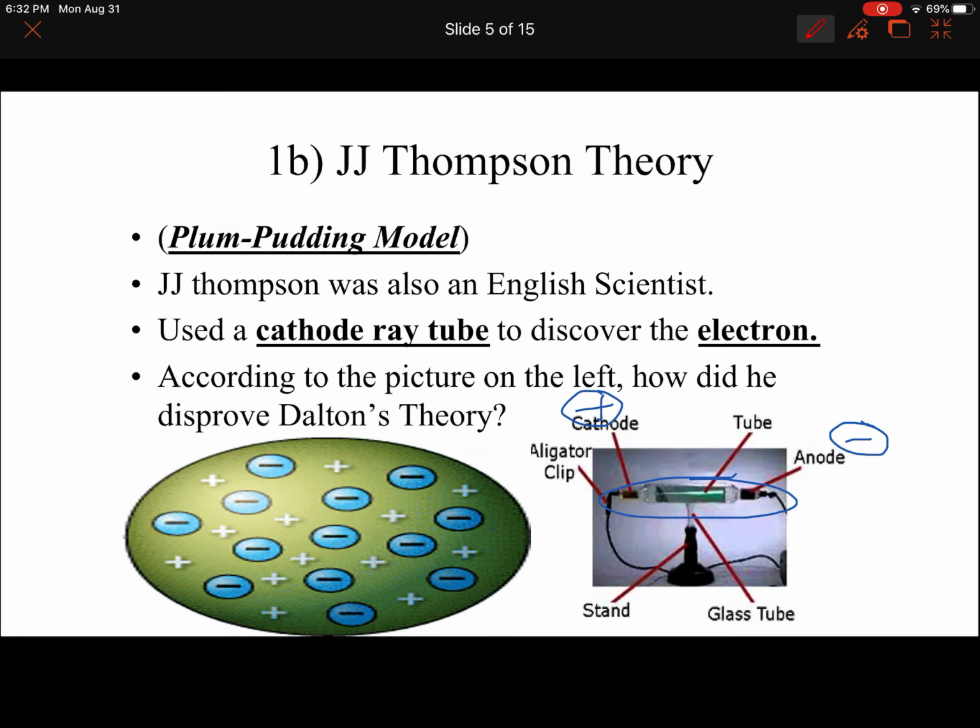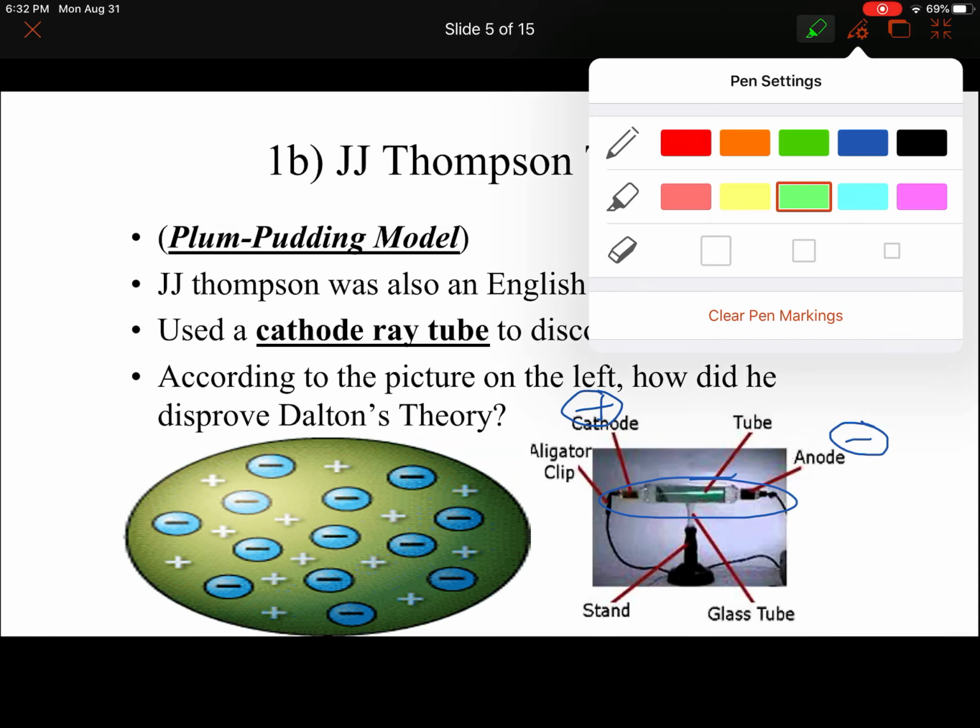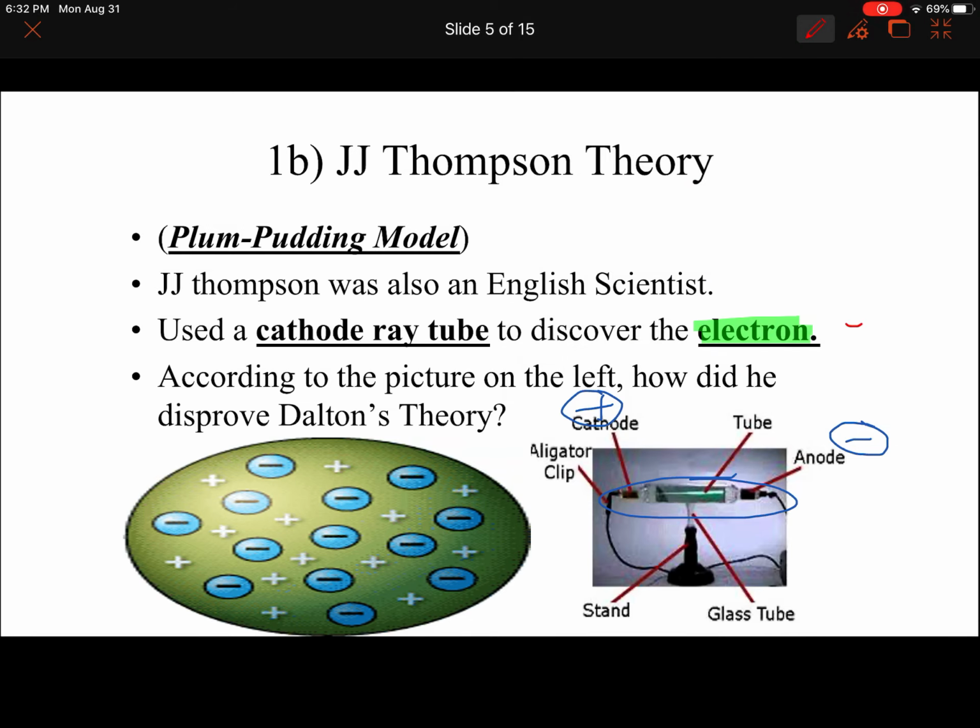Okay, if it bends towards the positive end, what do we know about opposite charges? Opposite charges attract. So they named this the negatively charged particle, which is called the electron. So the electron is the negatively charged particle. And that's what happened inside that tube.